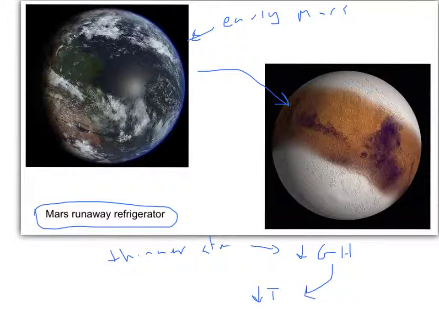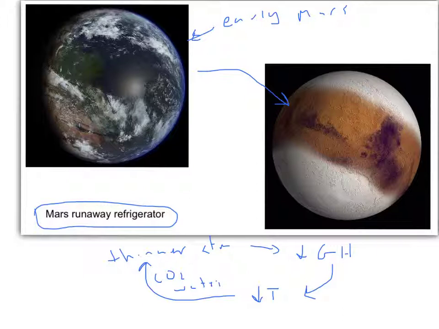And in the case of Mars, temperatures got low enough that the decreases in temperature actually led to further thinning of the atmosphere, as atmospheric components like carbon dioxide and water basically froze out of the atmosphere.